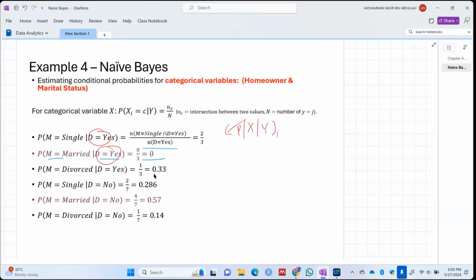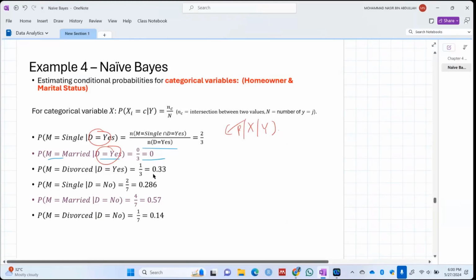In order to find the probability of Y given X, we need to compute this value, the probability of X given Y.